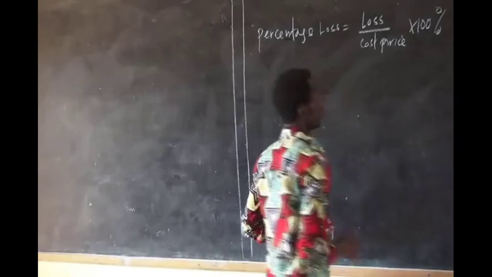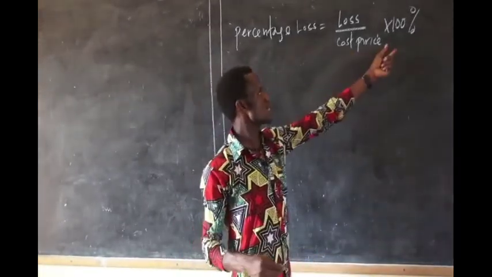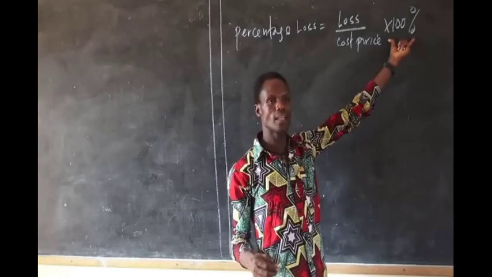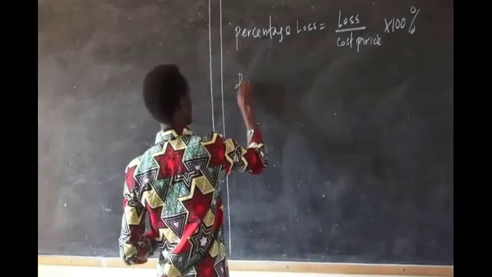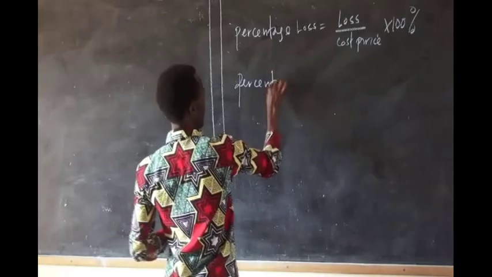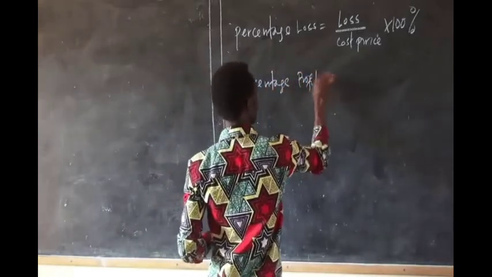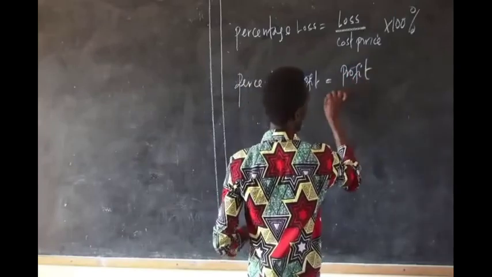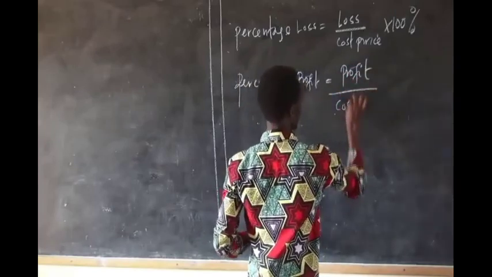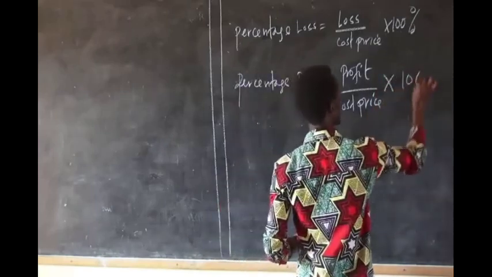As we learned, everything that you want to express in terms of percentage, you must multiply by 100% to obtain exactly what you need. And percentage profit is obtained by taking the profit over the cost price, then you multiply it by 100%.